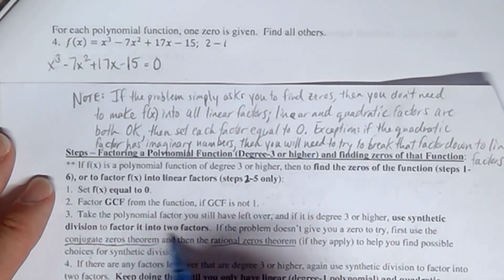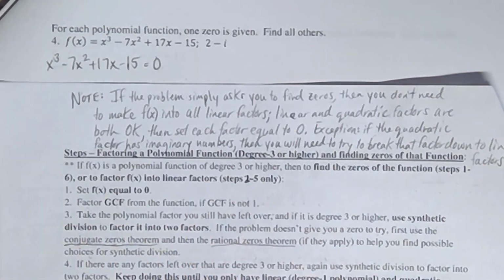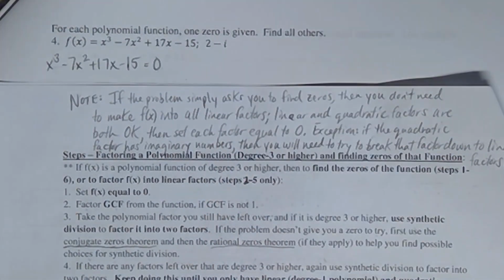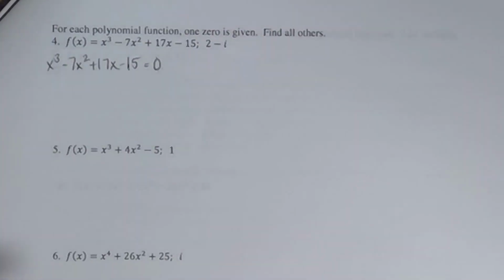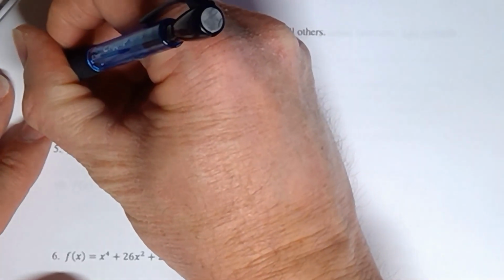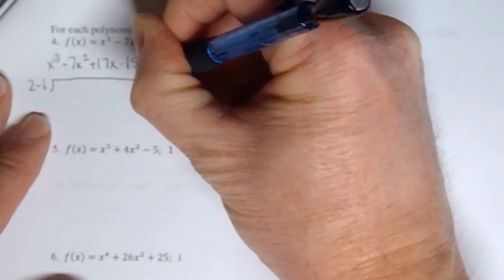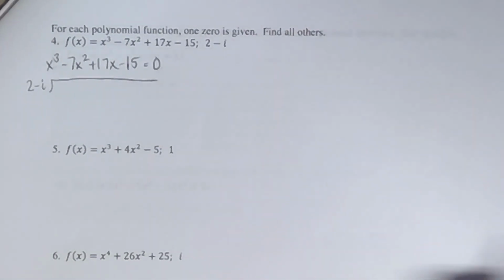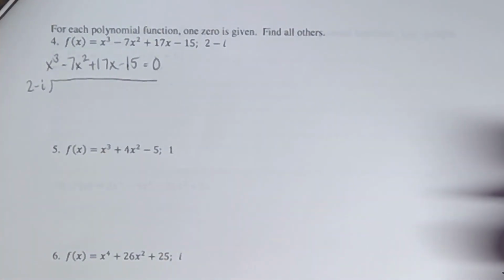It says use synthetic division to factor it into 2 factors. Since they promise us that 2 minus i is a 0, we can do exactly what we just did in the last 3 problems. We can plug in the 2 minus i on the outside of the synthetic bar, and we would be promised a remainder of 0, which will allow us to factor this thing.